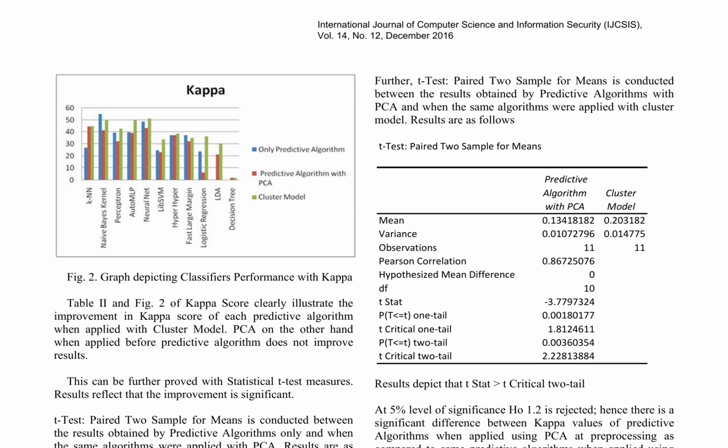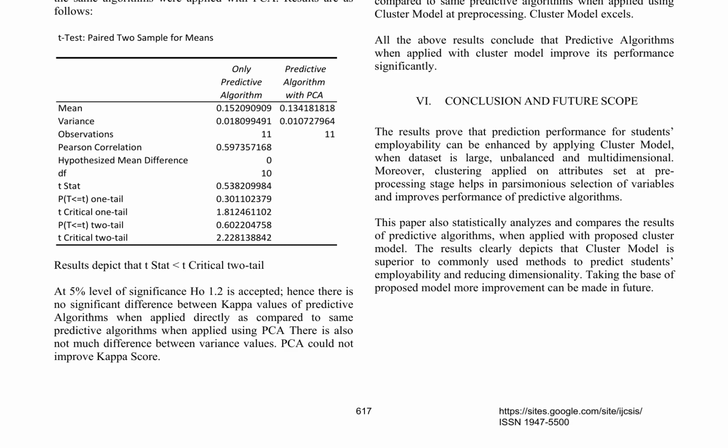These findings imply that the cluster model plays a crucial role in amplifying the accuracy of classifiers, particularly when combined with predictive algorithms. The kappa score, a metric that evaluates inter-rater reliability, serves as a robust indicator of the model's performance. The statistical significance of these results, as confirmed by t-tests, reinforces the validity of the cluster model in this context.